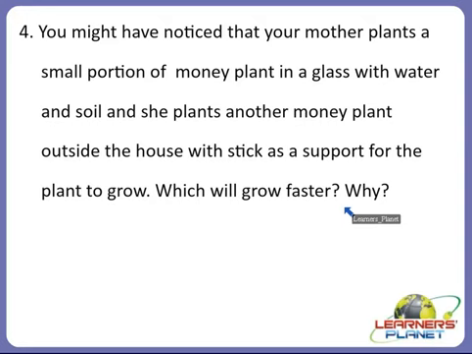But have you ever given a thought that the money plant which is growing outside the house grows faster, and the money plant which has been planted in a glass of water and soil inside the house is growing, but it is growing very slowly? Why is this possible, children? Why is this taking place? What can be the answer, children?